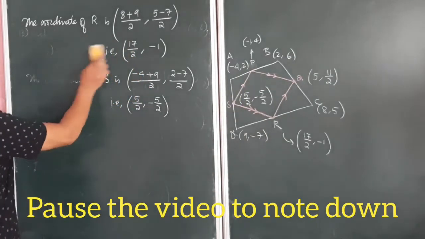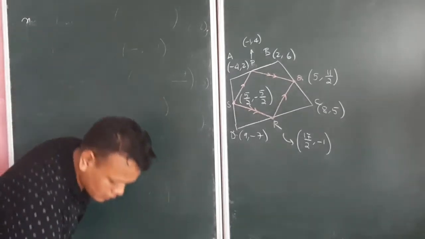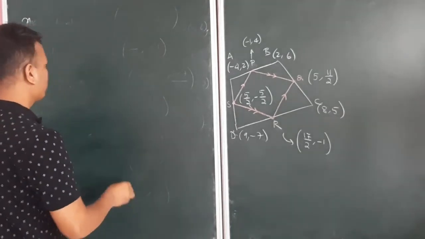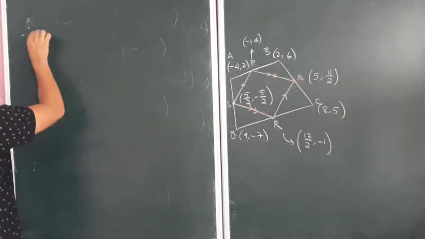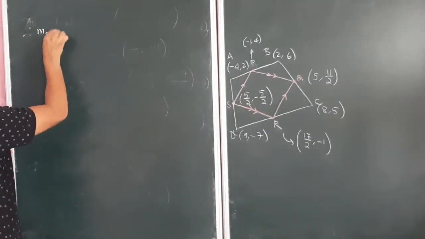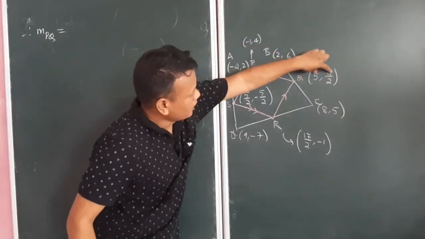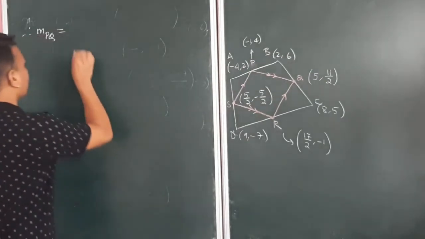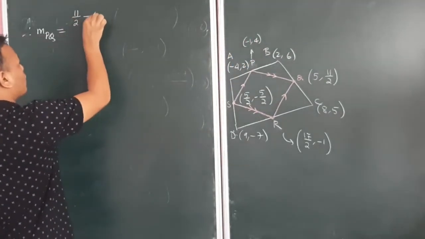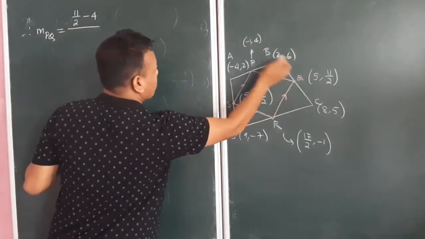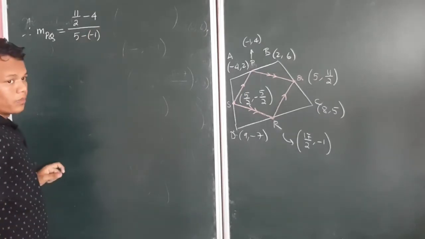So we are going to find the slope of each side. Let me start with PQ. We have m of PQ, so we have y2 minus y1. This is my x1 y1, this is my x2 y2. So y2 is 11 by 2 minus y1, which is 4, divided by x2, which is 5 minus of minus 1, so 5 plus 1.